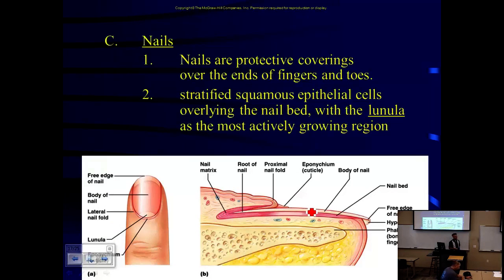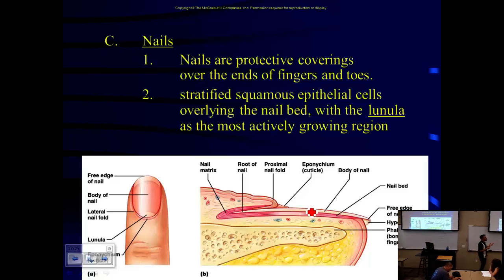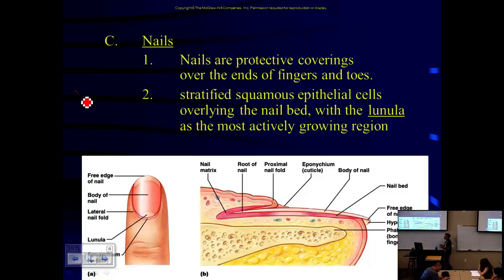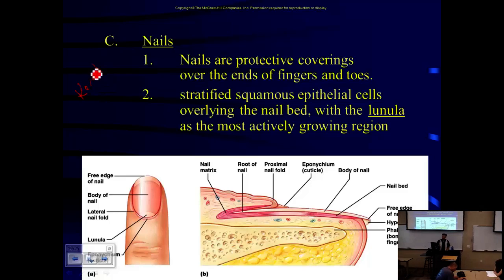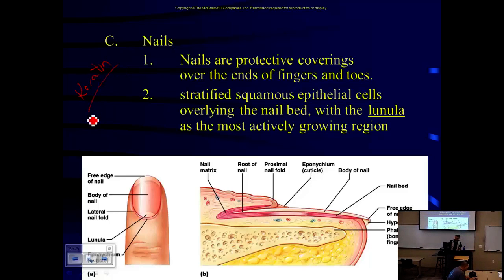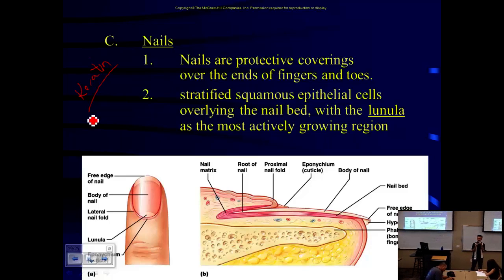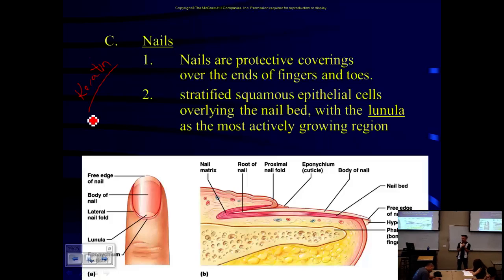Other things that we see, nails. So nails at the end of our digits are modified epithelial cells that have a whole lot of a protein in them that's called keratin. If you remember when we were talking about cells, we talked about the cytoskeleton and how there are 3 different types of protein fibers that make up the skeleton of a cell.